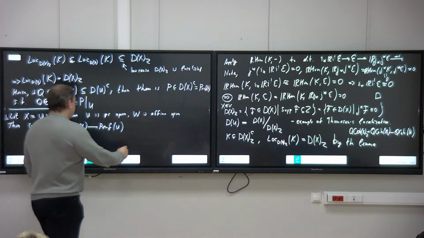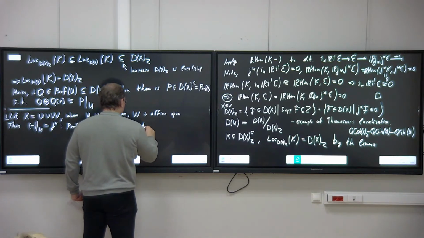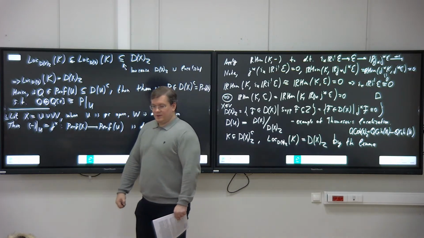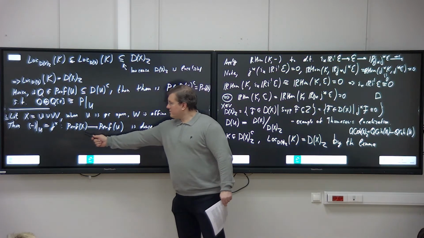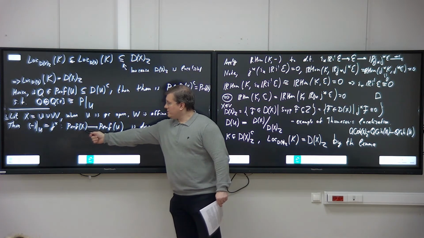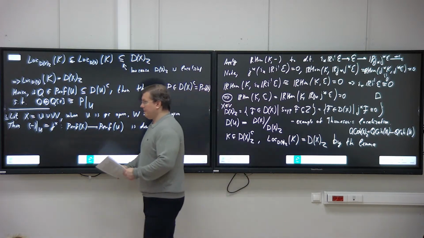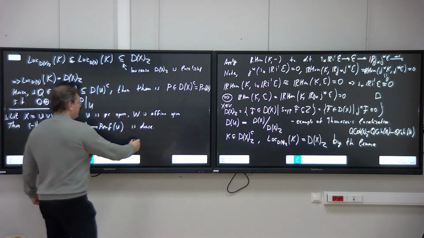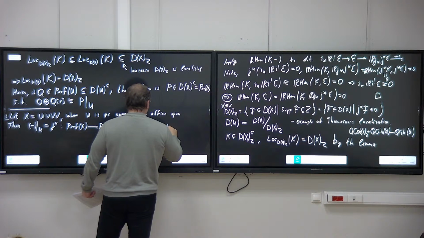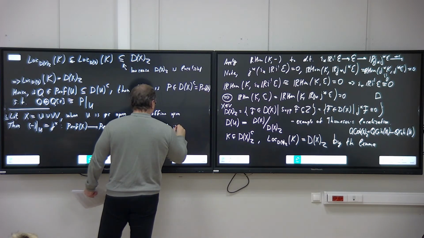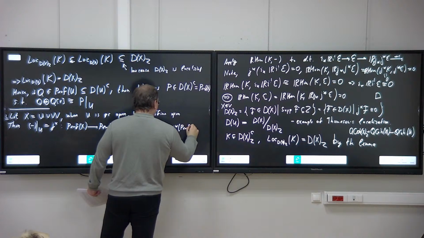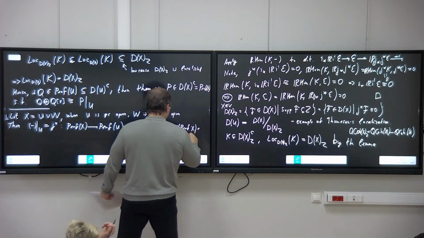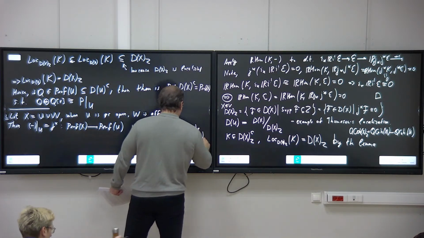So this functor is dense, meaning that the thick closure of the image of this functor is everything. So maybe I need to write this: the thick closure of j upper star of Perf of X coincides with Perf of U.